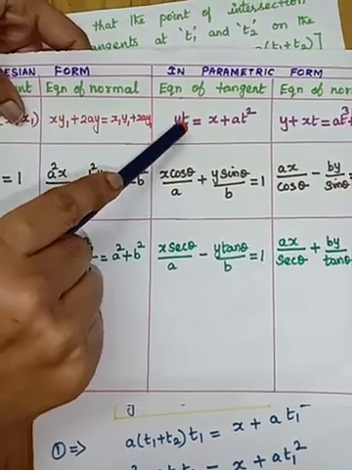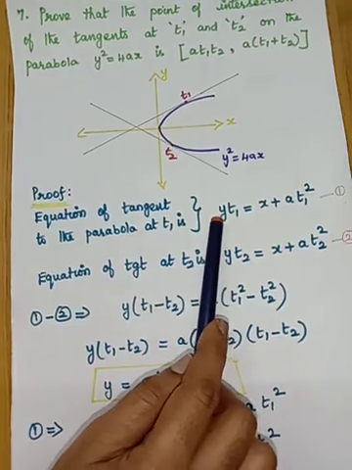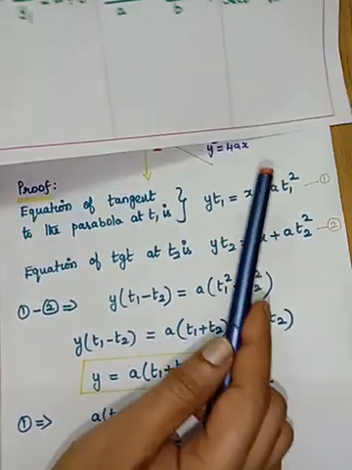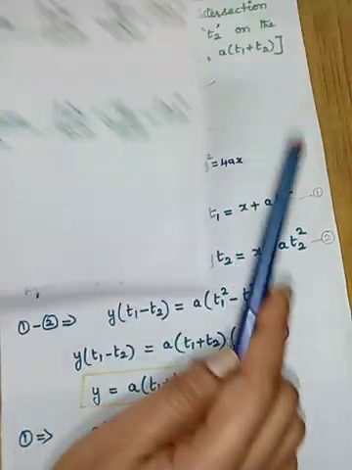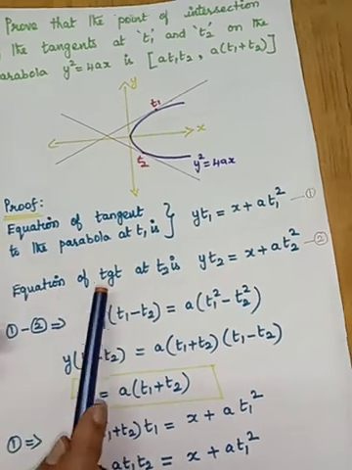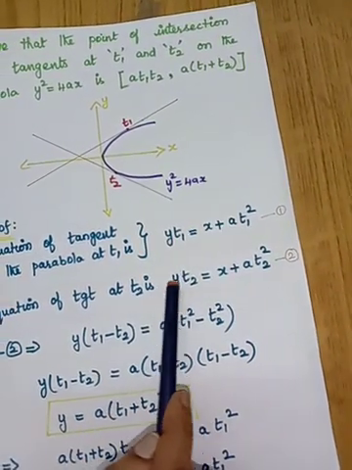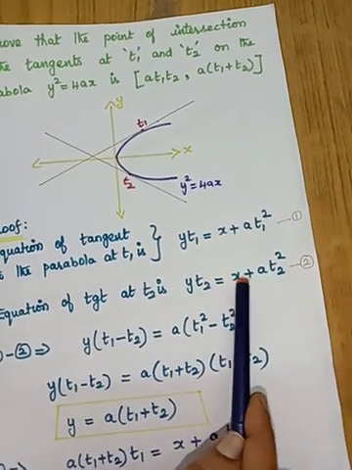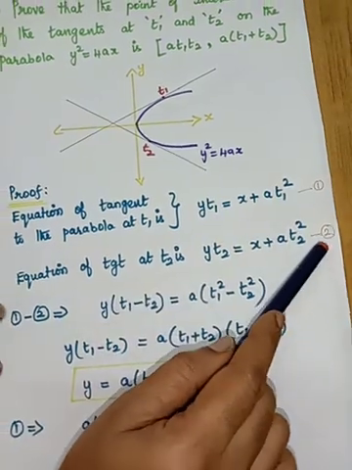So in the place of T, you have to substitute T1. So the equation will become yt1 is equal to x plus at1 squared. Here I have written. The same way I am going to find the equation of the tangent at T2. So it is yt2 is equal to x plus at2 squared. I will call this equation 1, this 2.